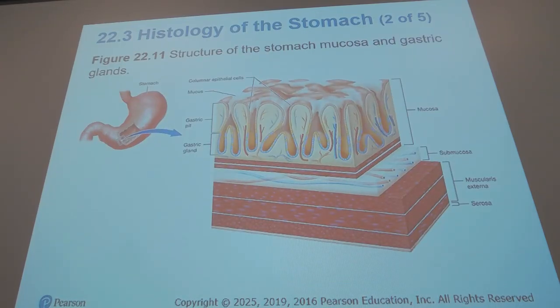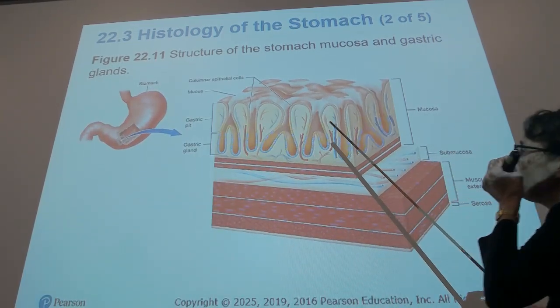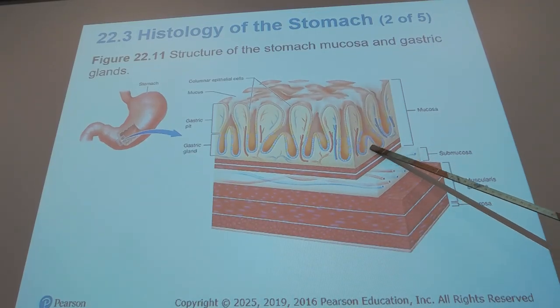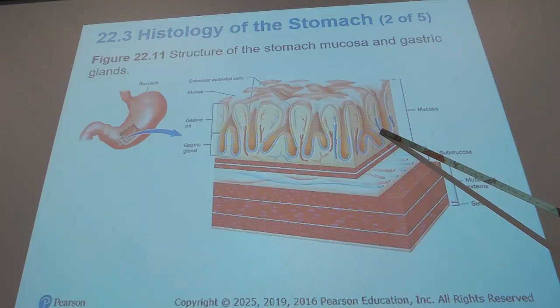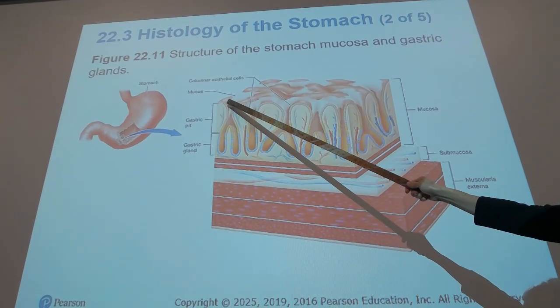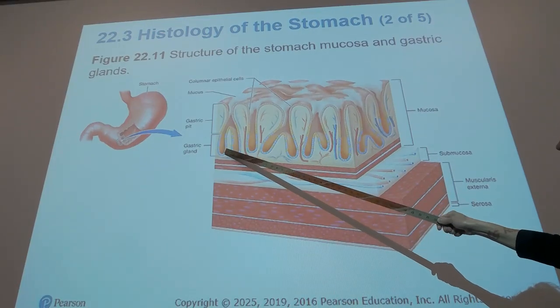So if you magnify the wall of the stomach, you will be able to see the epithelium, which is here in the mucosa, in this layer. And then within this epithelium, we have a gastric pit that leads to this gastric gland.